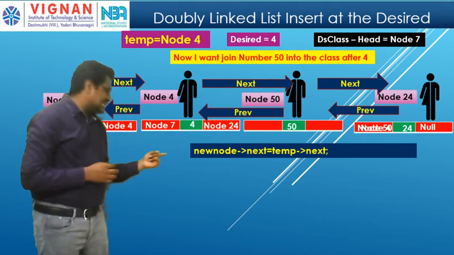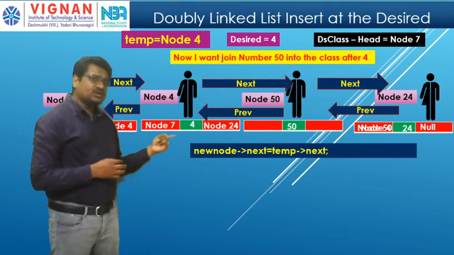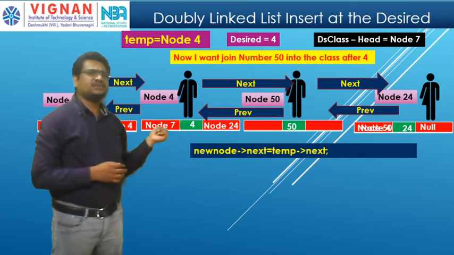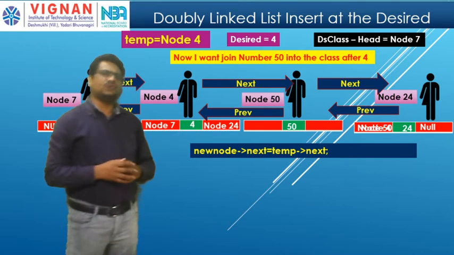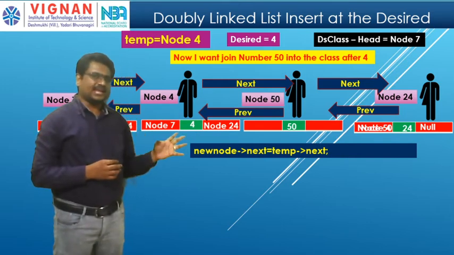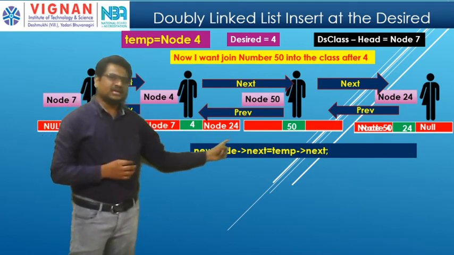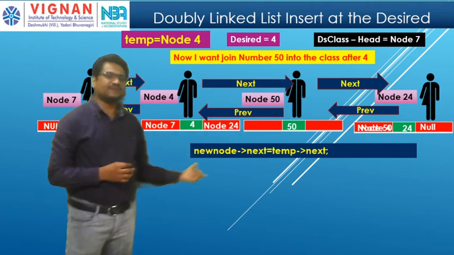See, if you clearly see, previously node 4 is referring to node 24. Am I right? Previously it is referring to node 24. But is it right? Because I inserted 50 after 4. Now, if you see, is it referring to 50? No, that's why I need to do the process.